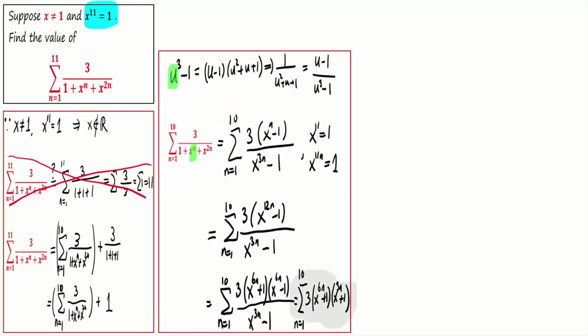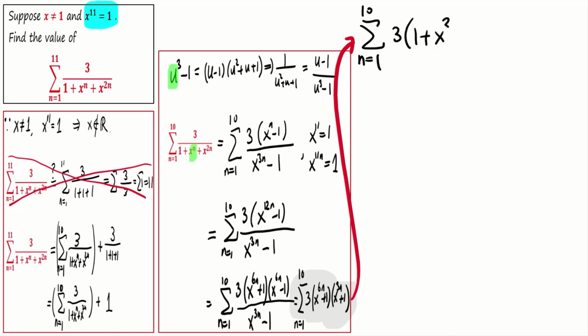Let's continue from here. So this further means the summation, n equals 1 to 10, of 3 times 1 plus x^(3n) plus x^(6n) plus x^(9n).